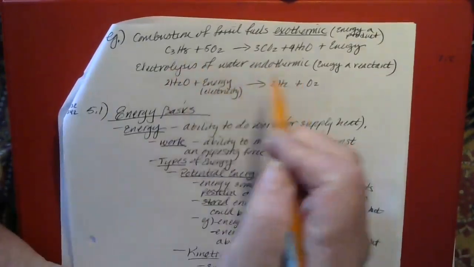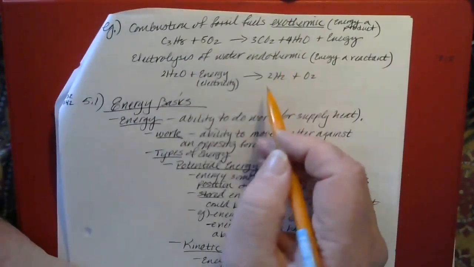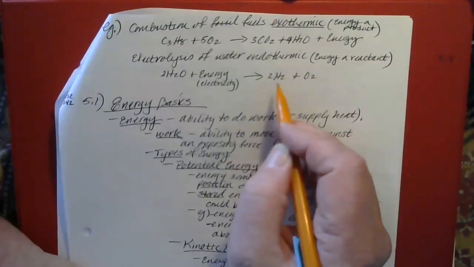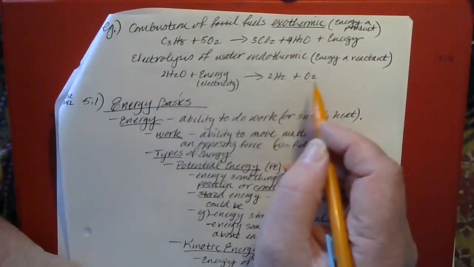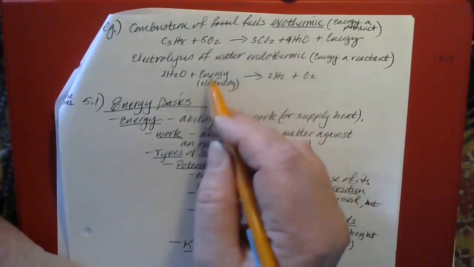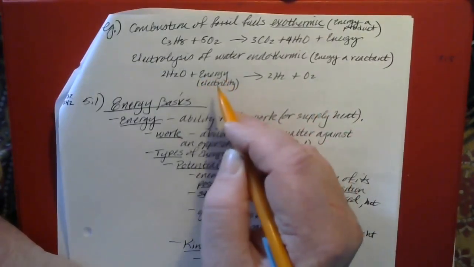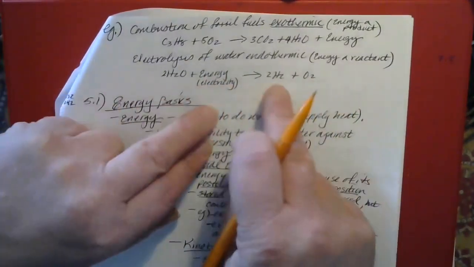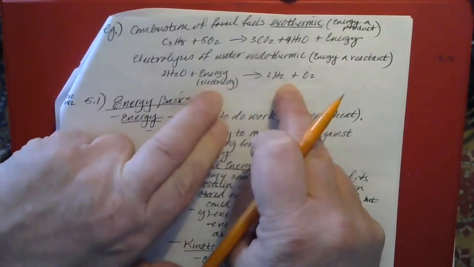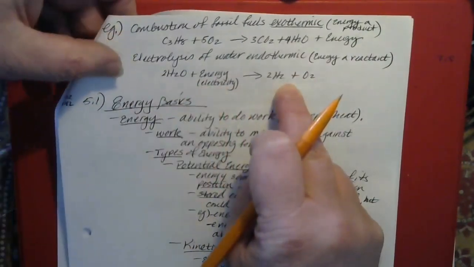Now, of course, in this reaction, the electrolysis of water, you get out some energy when the hydrogen bonds in H2 are formed, and when the O bonds in oxygen are formed, but you don't get out as much as you have to put in. And so again, the energy released in this case is canceled out and then some by the energy that you have to put in.